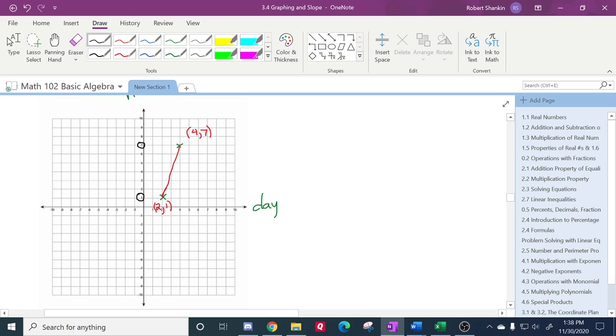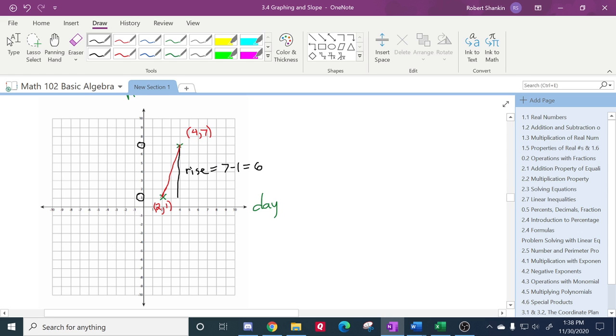Okay, so that is the rise. I'm going to draw it straight down from the destination. The rise is the difference in the 2 heights. How much we rose to go from a height of 1 to a height of 7.